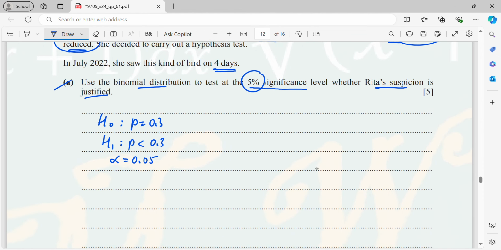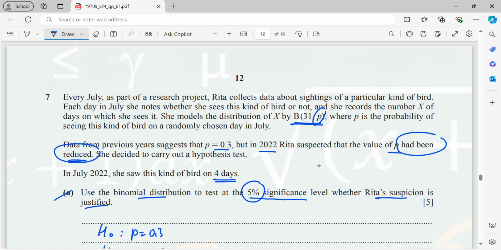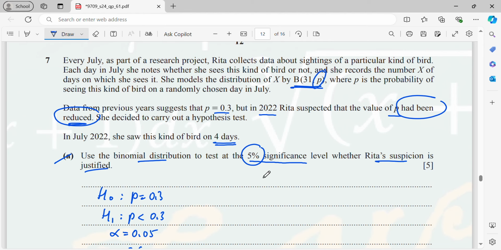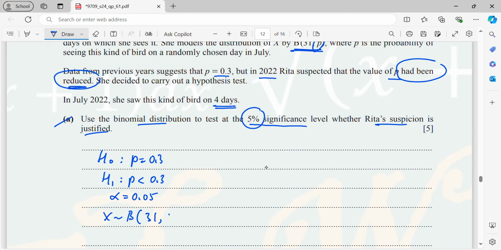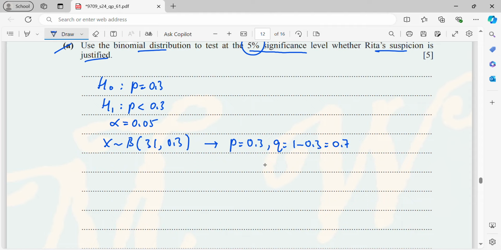Now your X is binomial distributed with n equals 31, and the P here is the P at the H naught. That means it's 0.3. So from here I know that the probability of success is 0.3, probability of failure Q is 1 minus 0.3, that is 0.7.